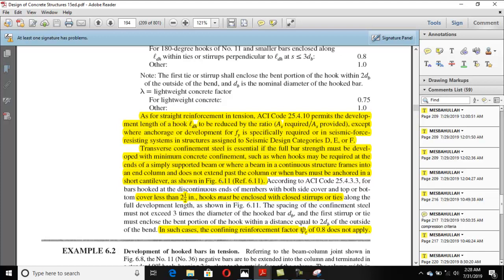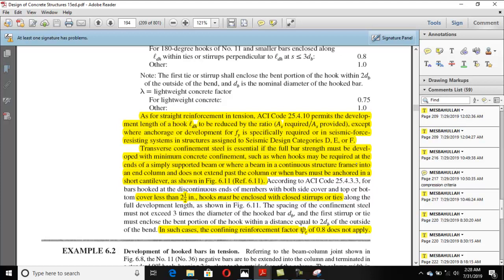This paragraph is very important, and most of the time it creates a kind of confusion. According to ACI code 25.4.3, for bars hooked at the discontinuous ends of members, I define discontinuous ends: simply supported, cantilever and something like that.